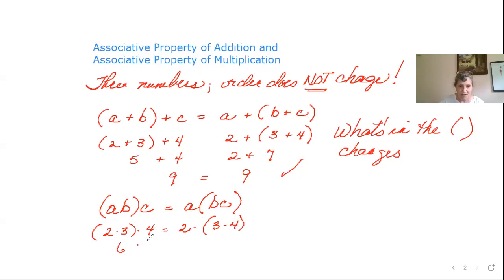This side gives us 6 times 4, which is 24. This side becomes 2 times 12, also 24. Here, the A and the B were in the parentheses. On the right, the B and the C were in the parentheses.